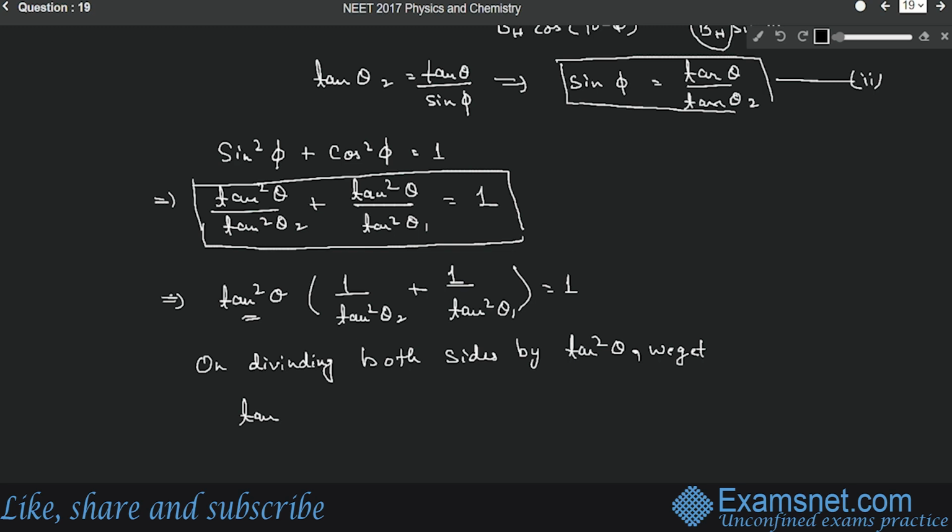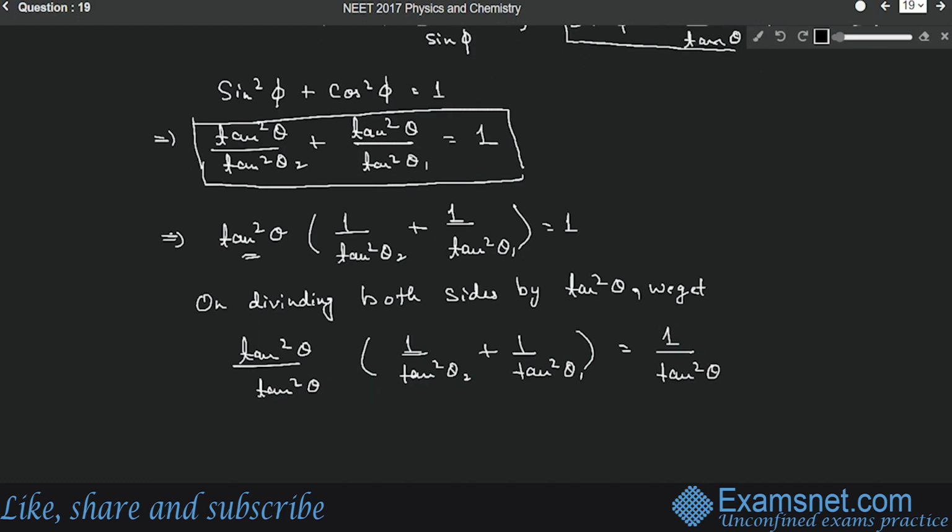On the left side we have tan square theta divided by tan square theta, and 1 by tan square theta 2 plus 1 by tan square theta 1. On the right hand side also we divide by tan square theta.